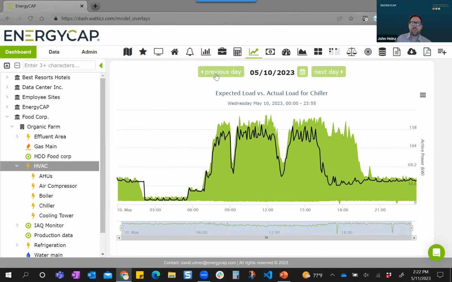So every day could be a little different. Every point could be a little different because this is keeping track of what happens in history, how weather impacts this and seasonality, and then creates your expected profile based on a machine learning process to take all of that into consideration.